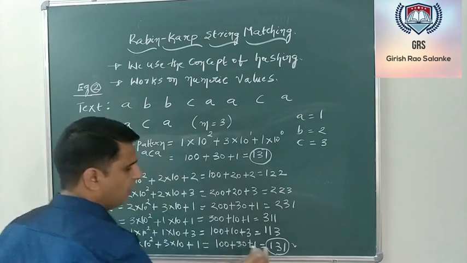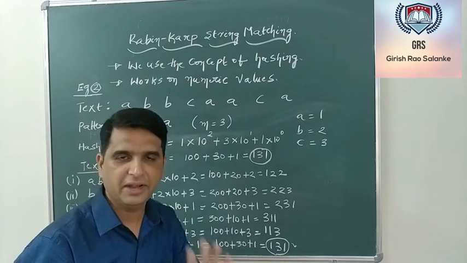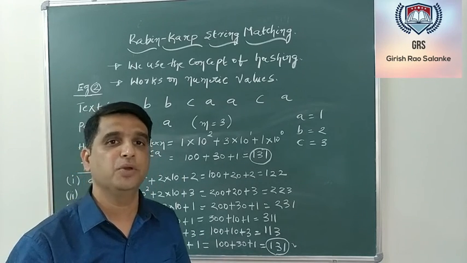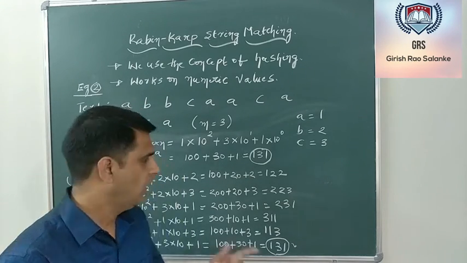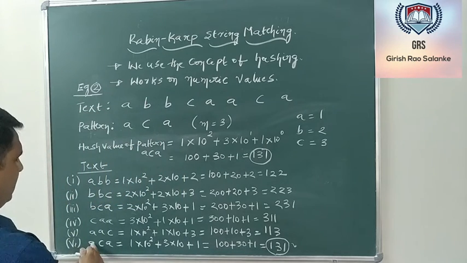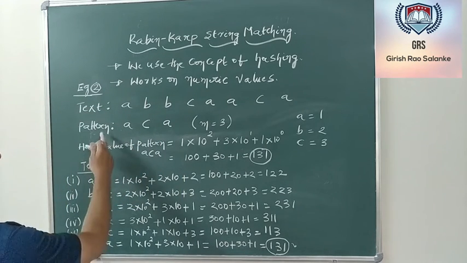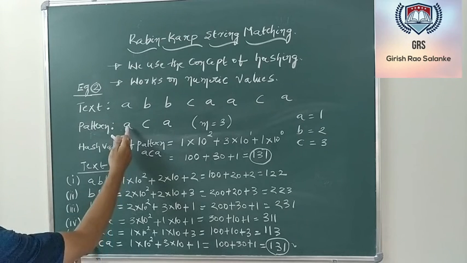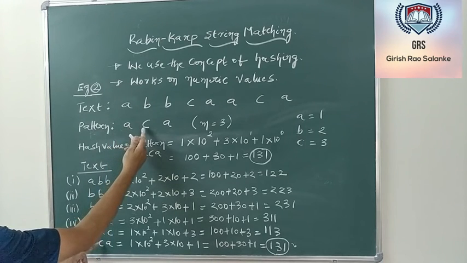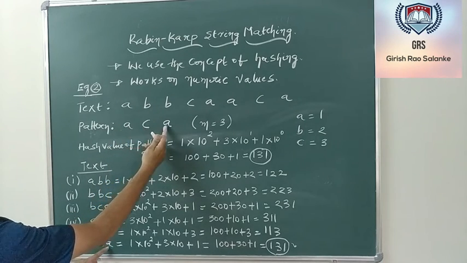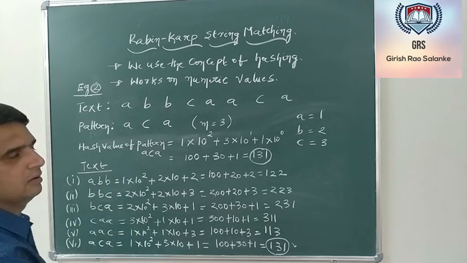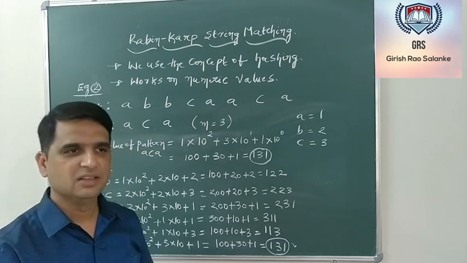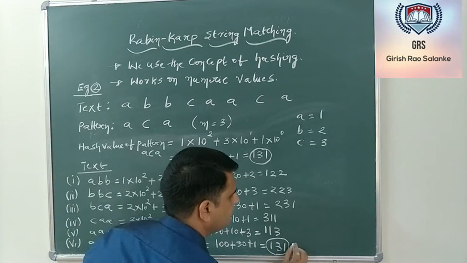So this is a hit now. Now I should check whether this is a spurious hit or an actual hit. How to check? Take these three characters ACA and compare with the characters in the pattern. The first A matches, C and C match, and A matches. Is it clear? This is how it works. Now this is an actual hit.